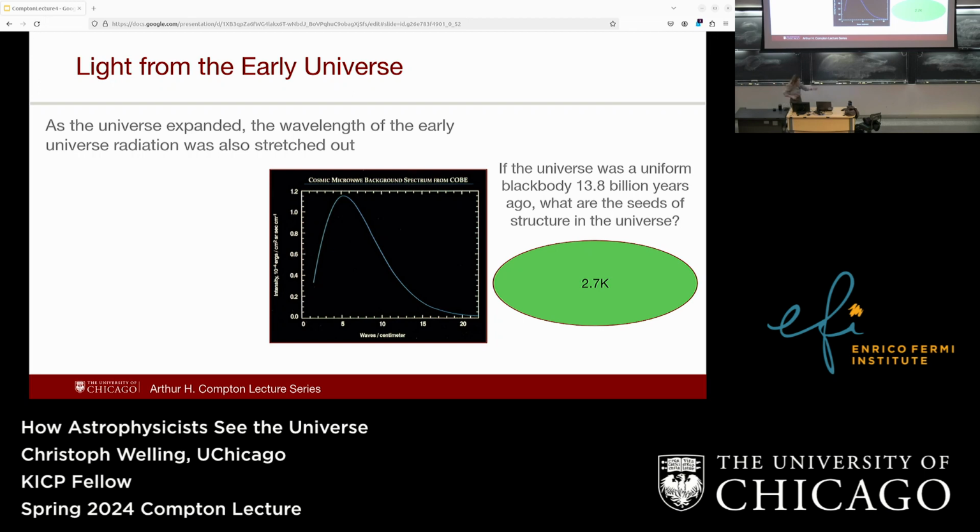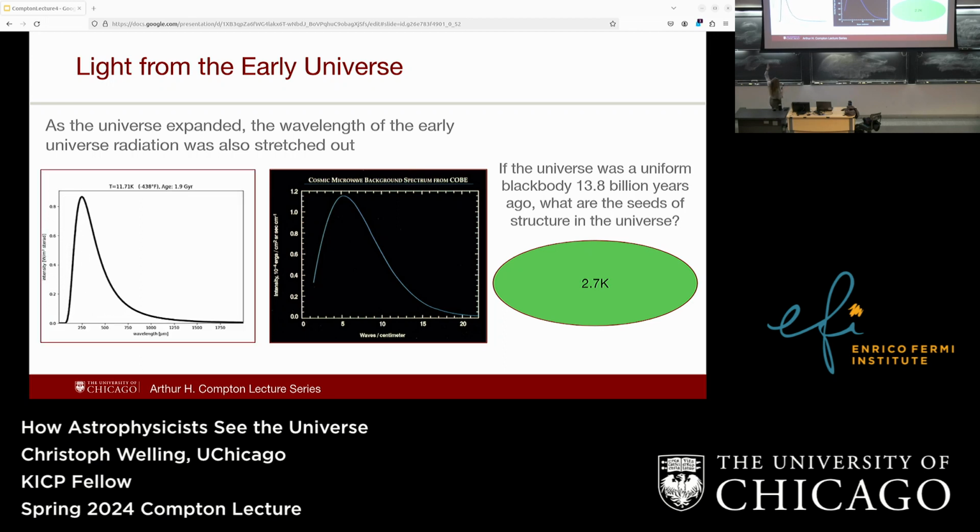That expansion causes the waves to redshift, so they go to lower frequencies, and now they're shifted into the microwave. And thank you to Christoph, who has made some really cool animations. But here's where this black body has moved as the universe has expanded. So it started out at a much shorter wavelength, higher energy, and then it's just totally chilled out over 13.8 billion years.